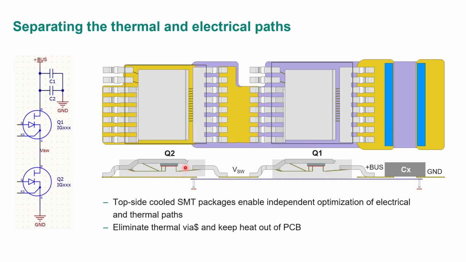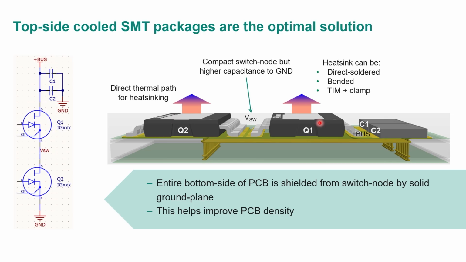And don't forget, thermal vias are not cheap, right? Every drill hit costs money. So if I've got hundreds and hundreds of vias, that's not free. So what you get then is a layout that gives you optimized electrical layout, lowest possible loop inductance, and I can independently optimize my thermal path, get heat out of the devices through various means.